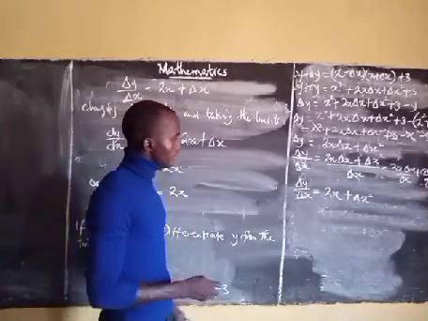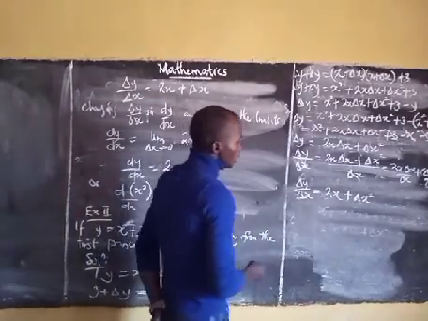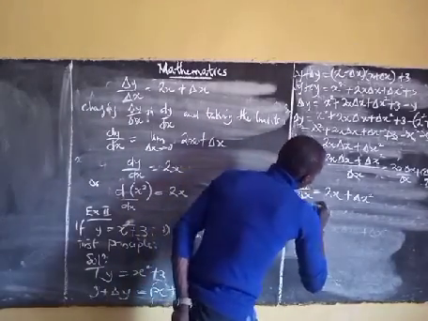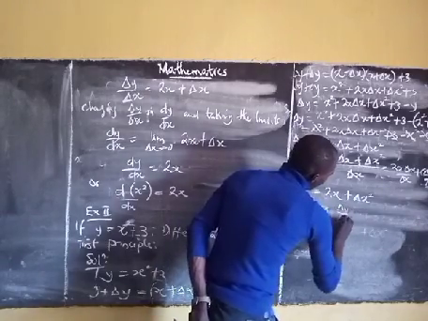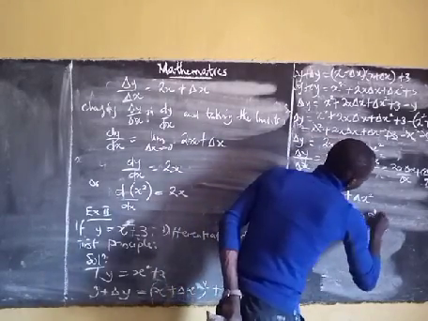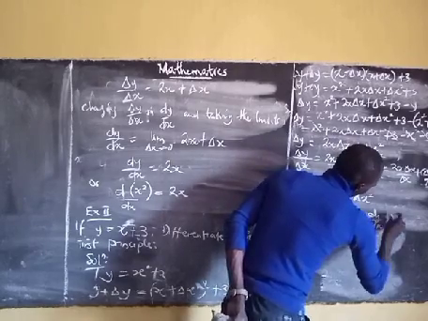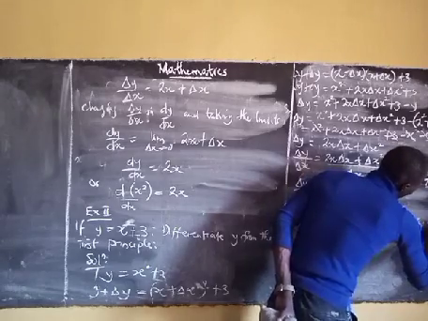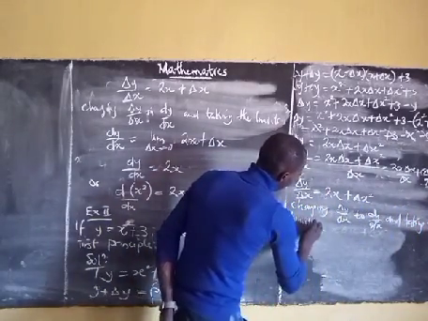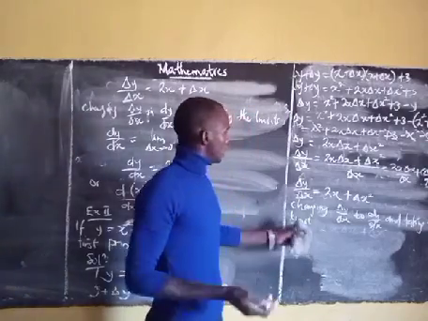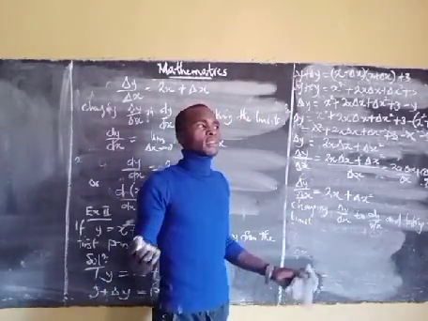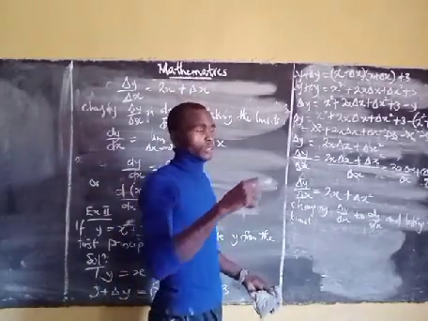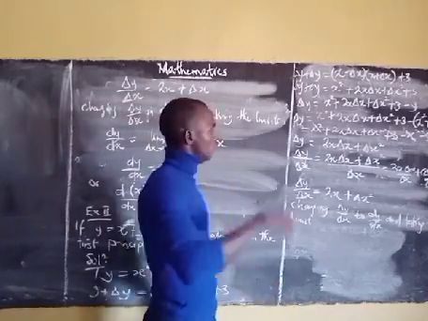The next line of action is we take the limit of both sides. What is a limit? Limits are simply boundaries, the boundaries at which our values must be, like upper boundary, lower boundary, like that.